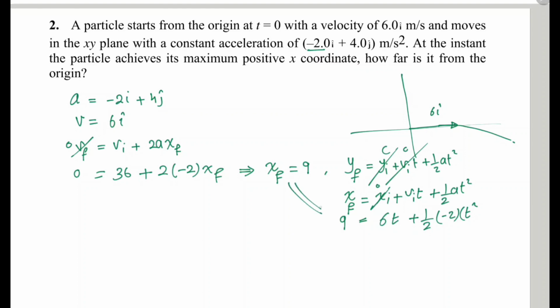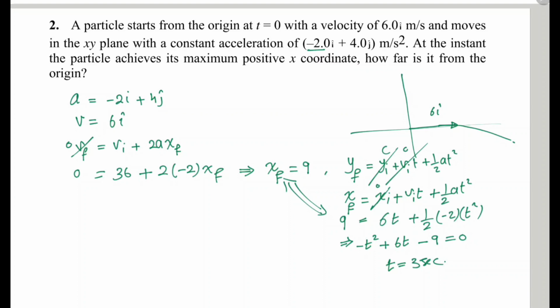This one here, we just calculated from the previous one. You solve this quadratic equation and you will find minus t squared plus 6t minus 9 equals 0. You solve this one here, t will be equal to 3 seconds.